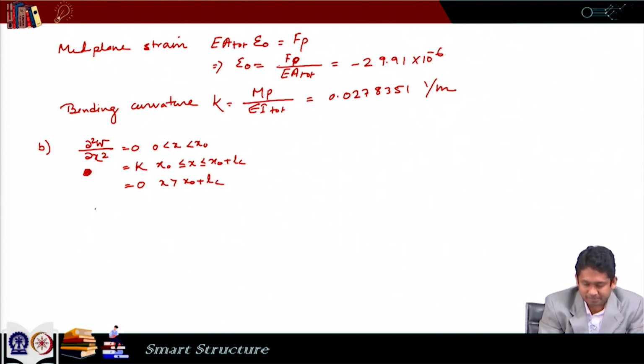So, after integrating we get the expression as this, it is 0.